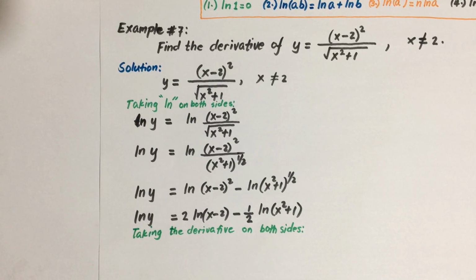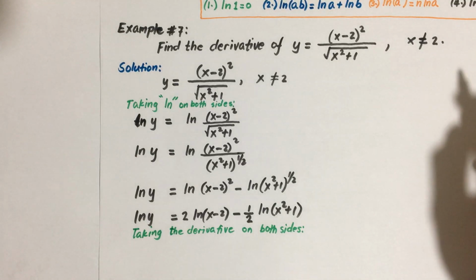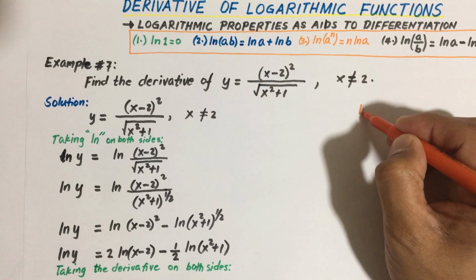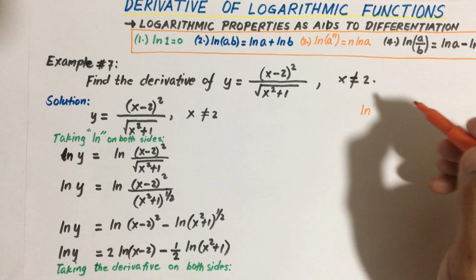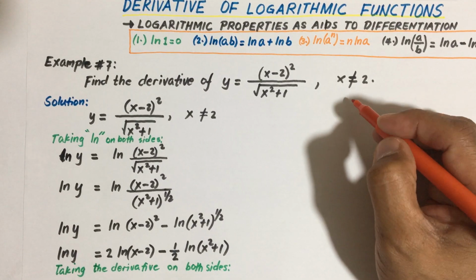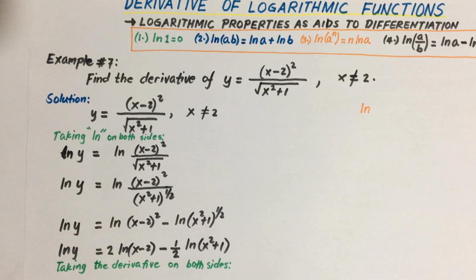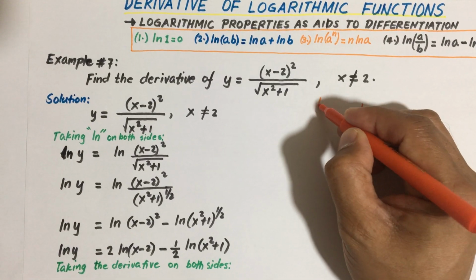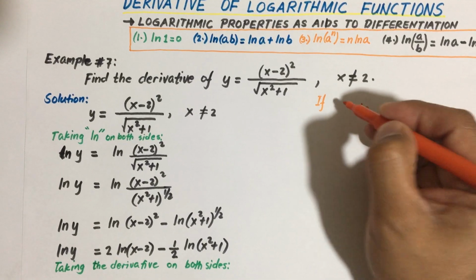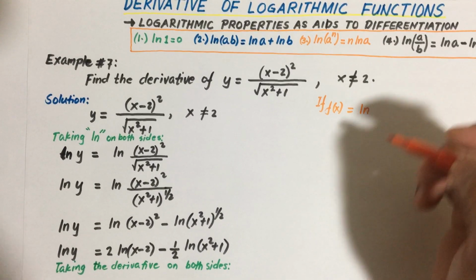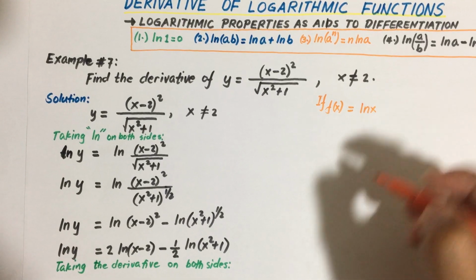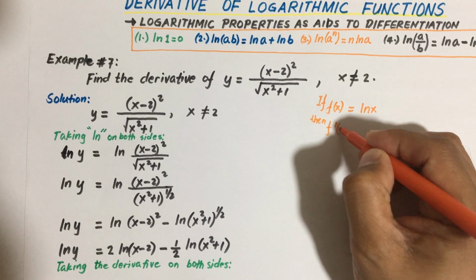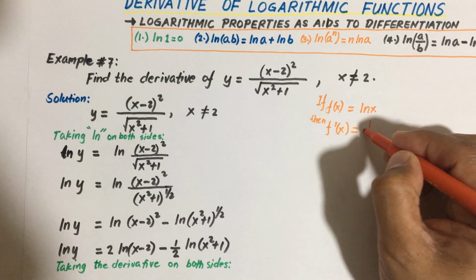If you can still remember, a while ago in our latest example, we have the formula: if you have f of x equal to ln x, then f prime of x is simply 1 over x.